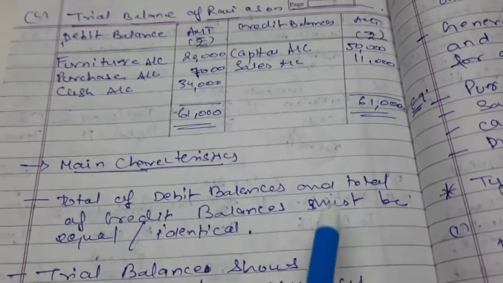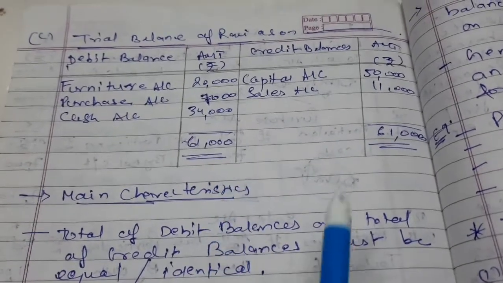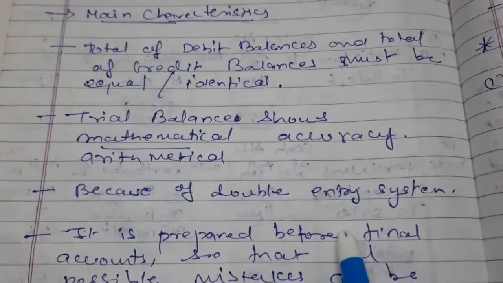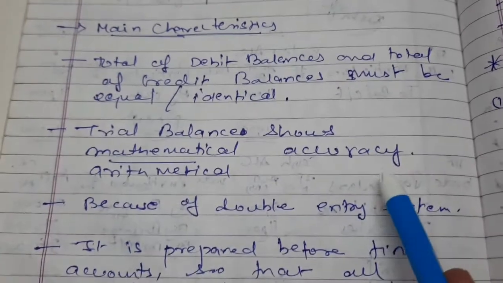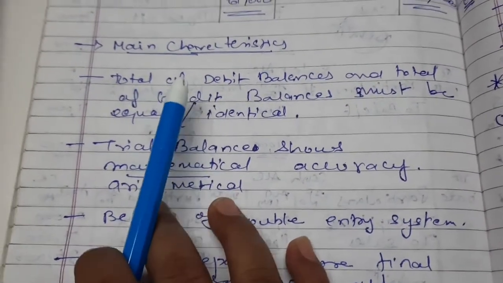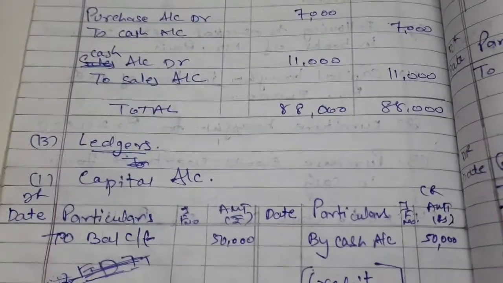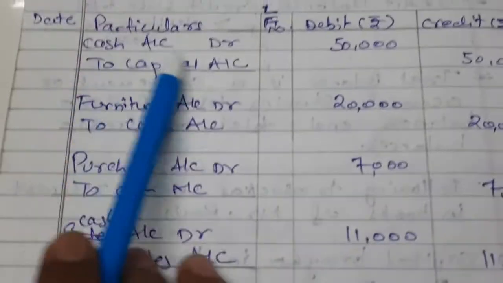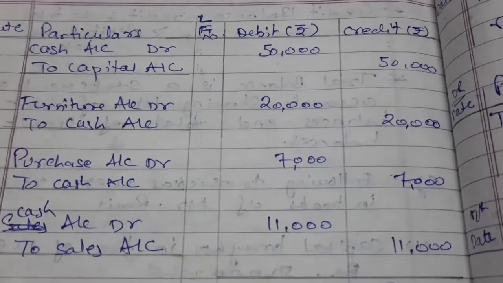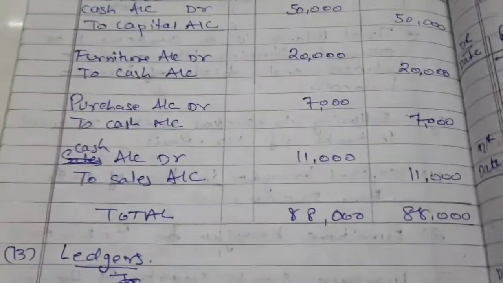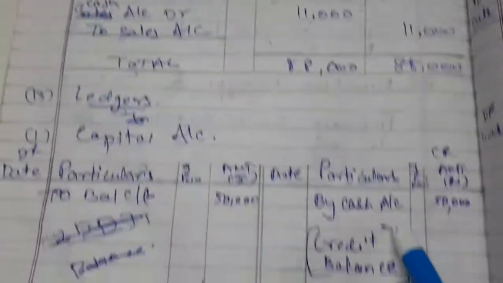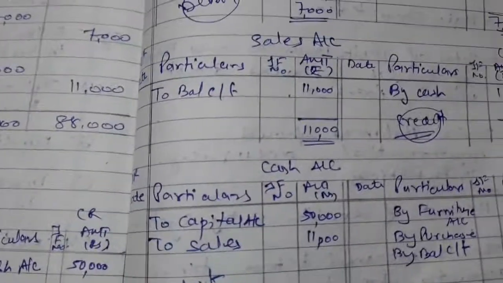And why does this happen? This happens because of double entry system. Because as you know, we follow double entry system in our accounting. So for example, first entry is cash account debit to capital account. Here we have made entry in both accounts. That is, in capital account we have credited by cash account, and in cash account we have debited by capital account.